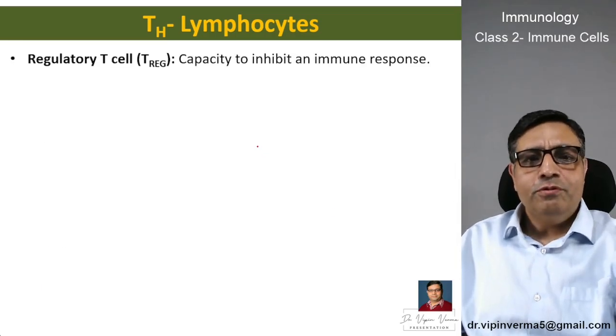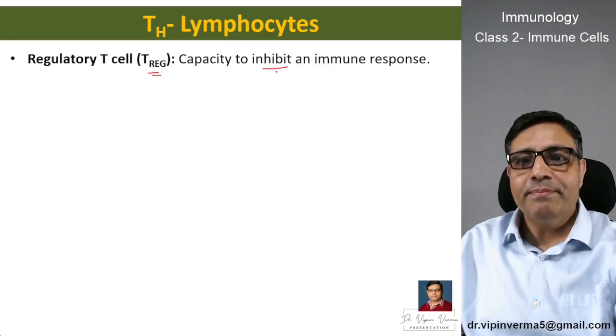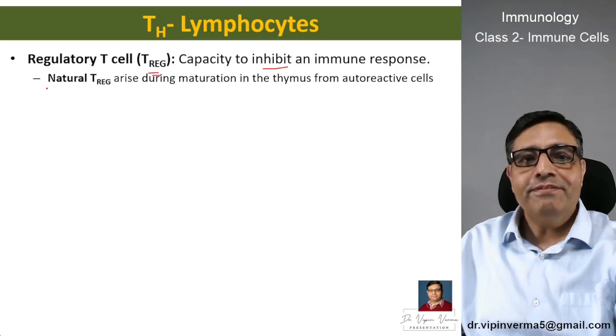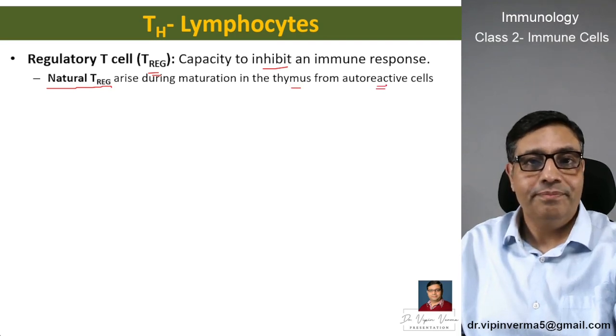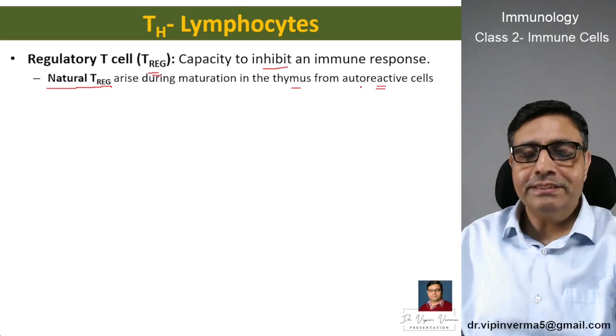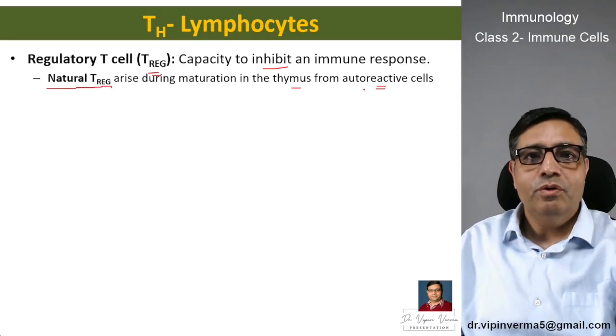So let us focus on two points on the regulatory T cells or Tregs, which have the capacity to inhibit an immune response. We have the natural Treg, which arises during maturation in the thymus from autoreactive cells. Now you remember that in our first class we spoke about tolerance, where the autoreactive cells were deleted from the system.